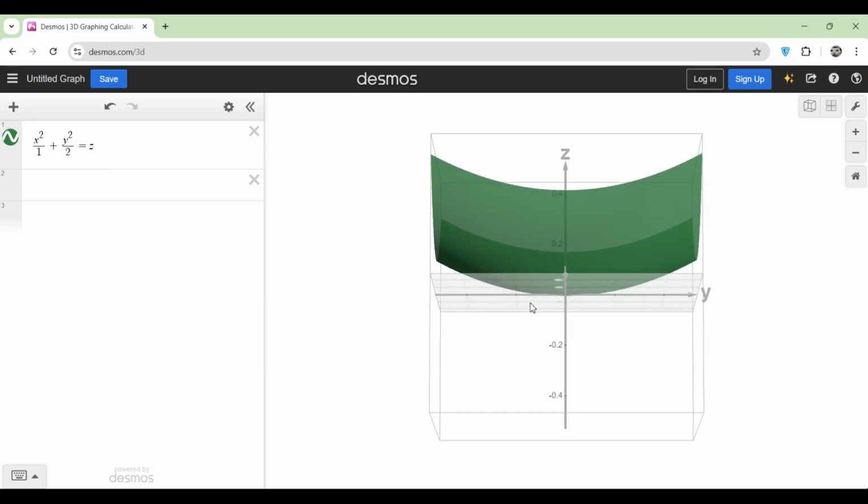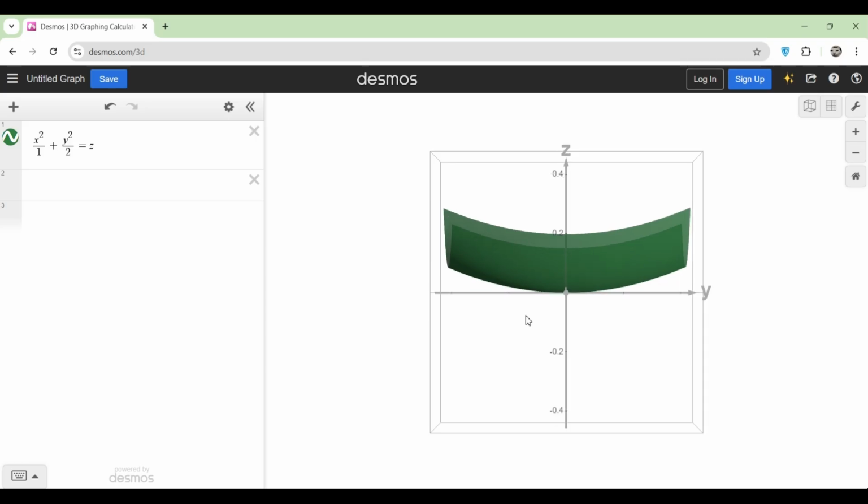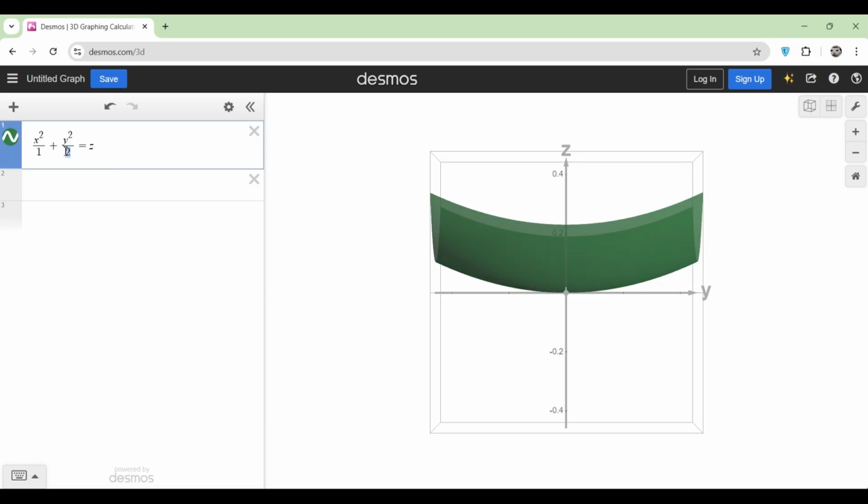So let's analyze the yz trace. We have y squared is equal to z, which looks like a very flat parabola because the parameters here are kind of wacky. But I hope you guys can see that this is a parabola.